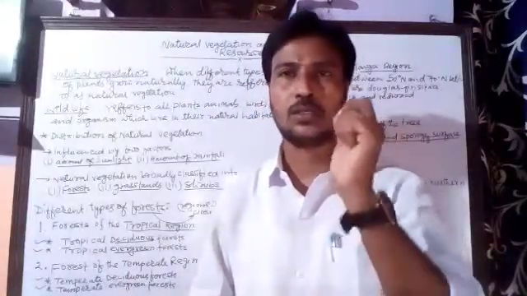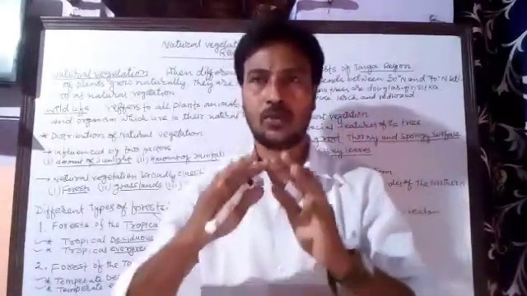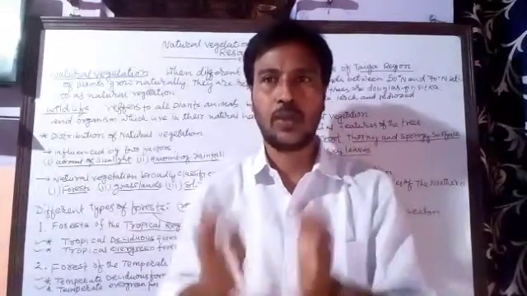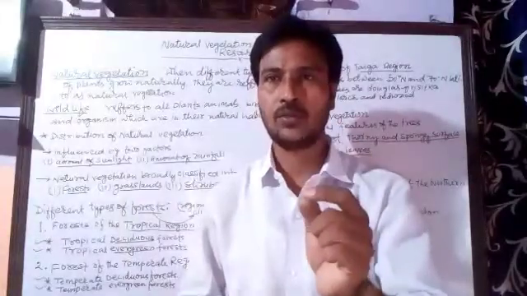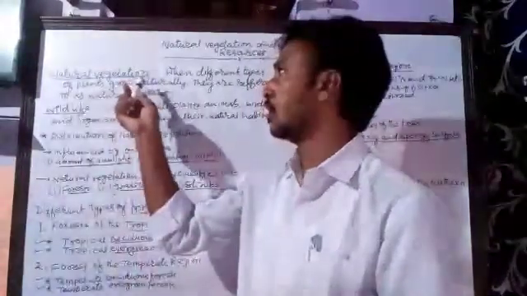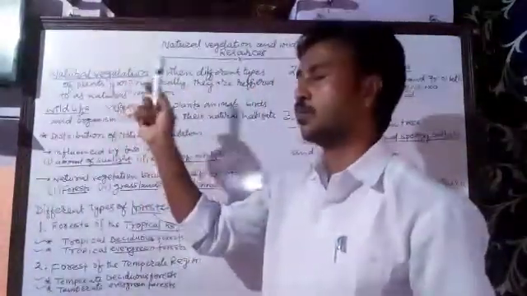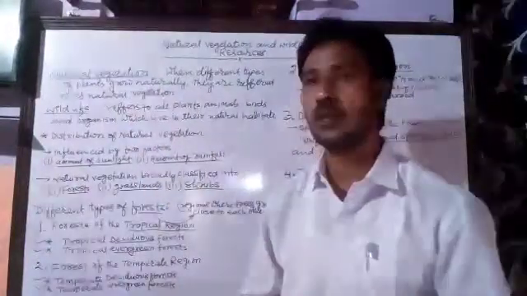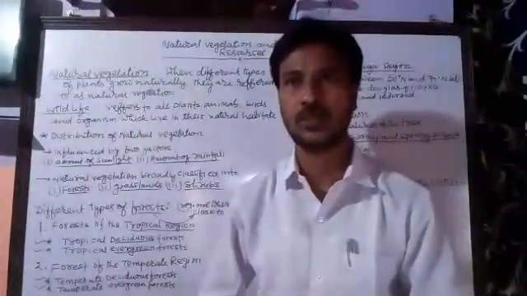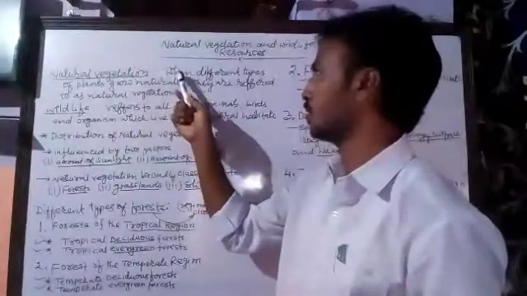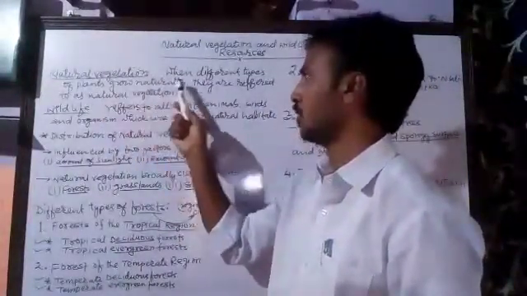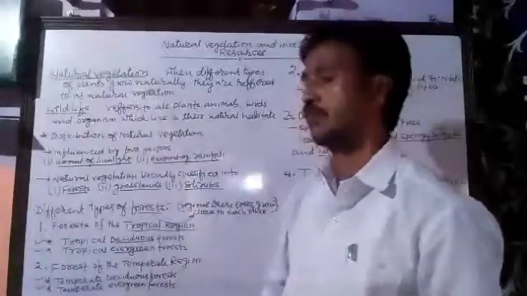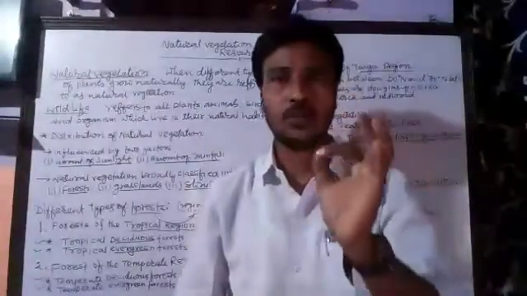Students, what is natural vegetation? Why do we call them natural vegetation? Natural vegetation means the plants. When different types of plants grow naturally, they are referred to as natural vegetation.